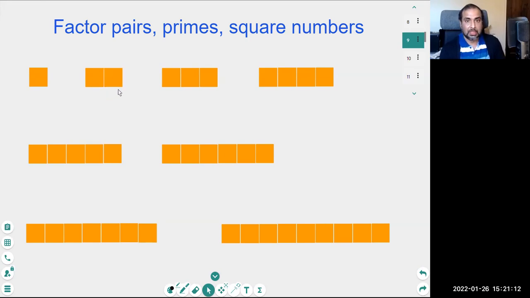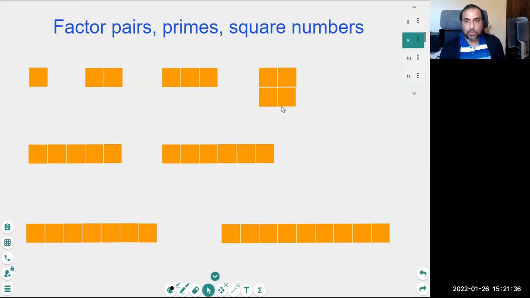Turn around. Can I rectangularize 3? Nope, no can do. 4. I can make it into this type of rectangle. Special case of rectangle, which is a square. So 4 can be rectangularized, and this gives us what looks like a square.